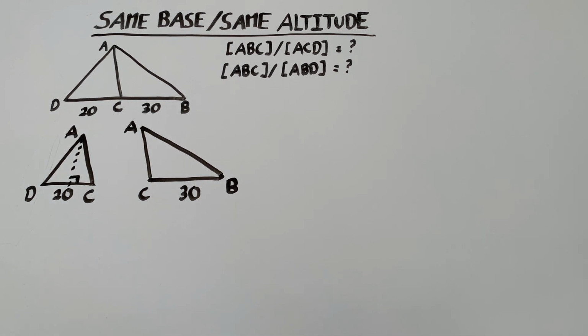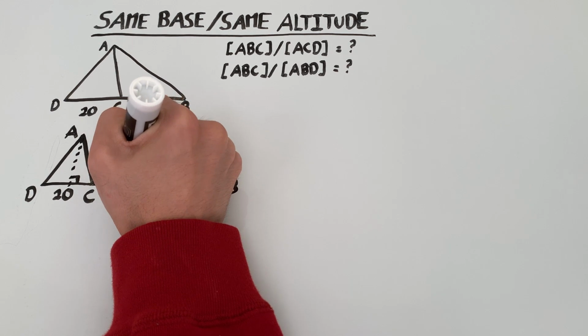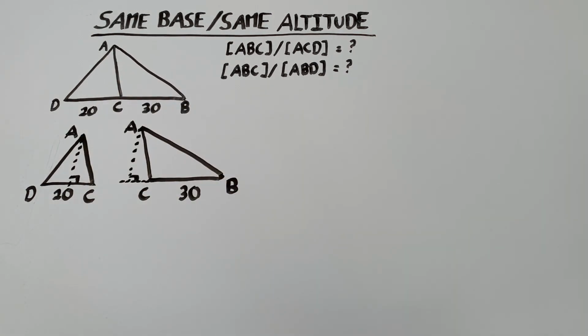And for triangle ABC, the altitude goes down here. So we need to extend side BC a little bit. And since both of these altitudes are dropping from point A, they are both equal to each other.